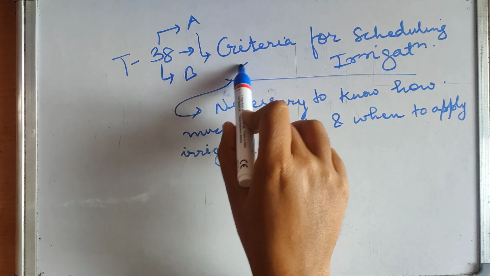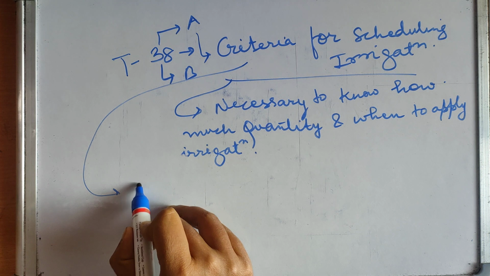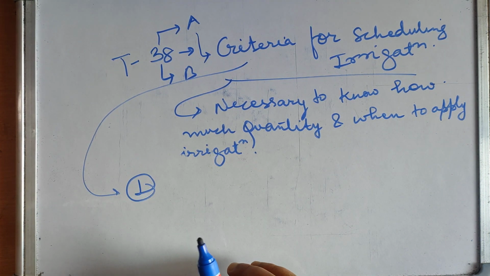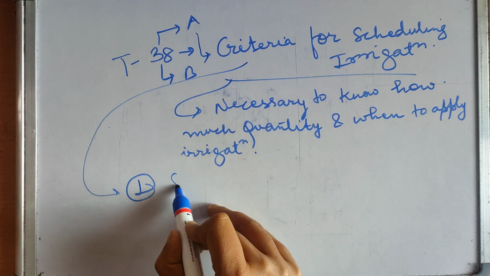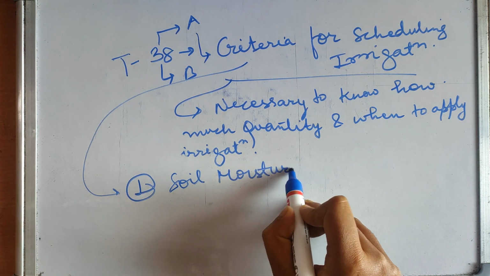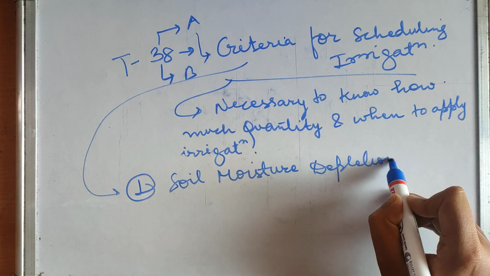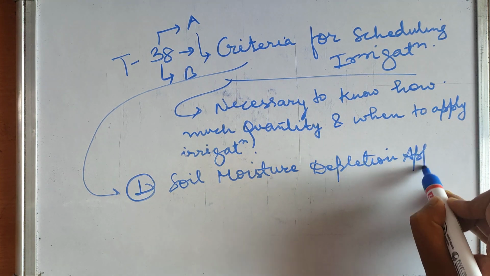When it comes to criteria, there are 4 criteria. The first criteria is soil moisture depletion approach.